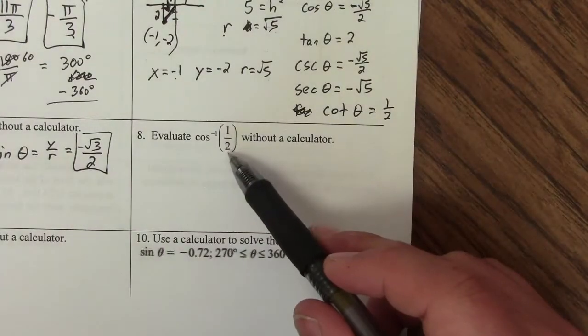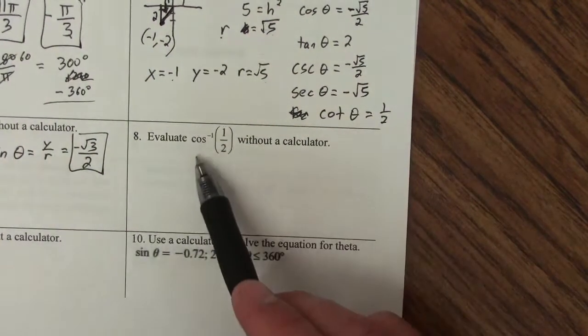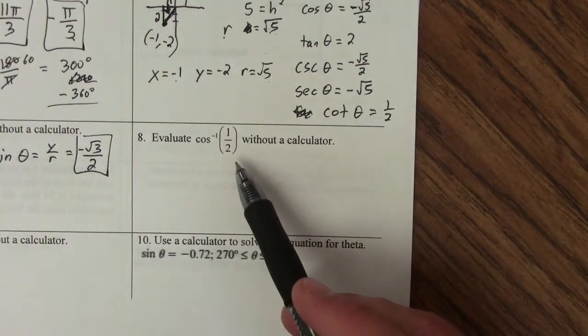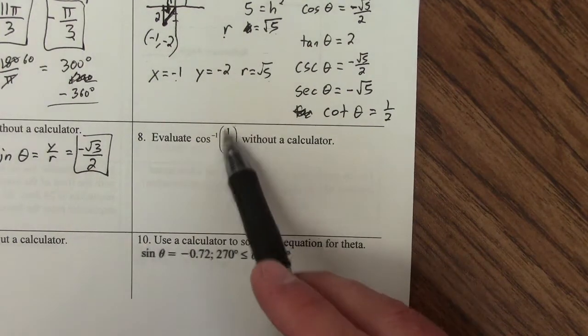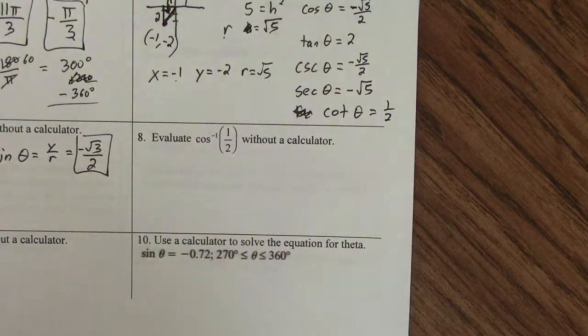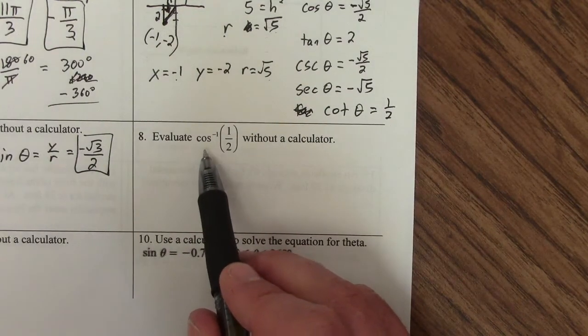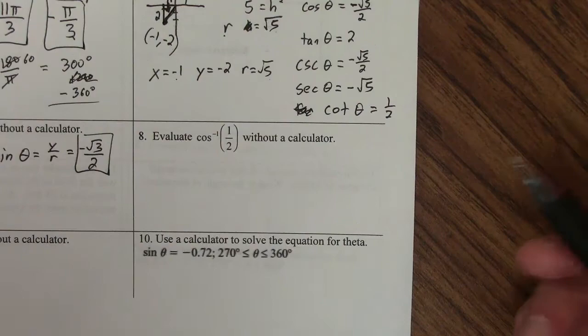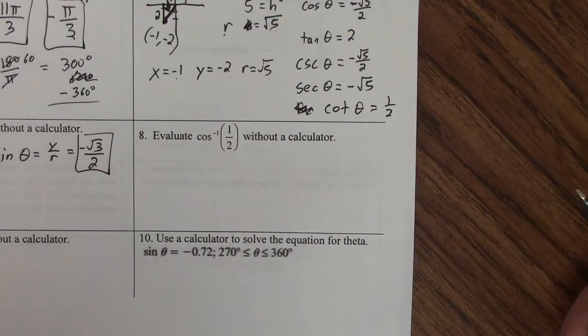To find cosine without a calculator, well, we're doing something different here. This is inverse cosine of 1/2. So with inverse cosine, you're given the ratio of the sides and you're trying to find the angle. So what this is asking is, what angle does cosine produce 1/2 for? I recognize this 1 and this 2 from the 30, 60, 90 triangle.